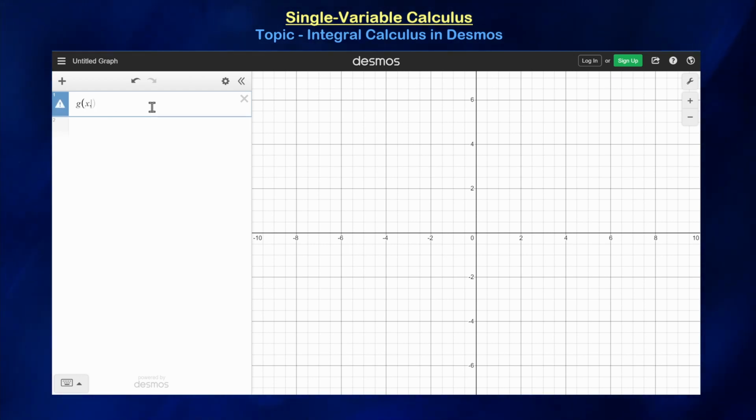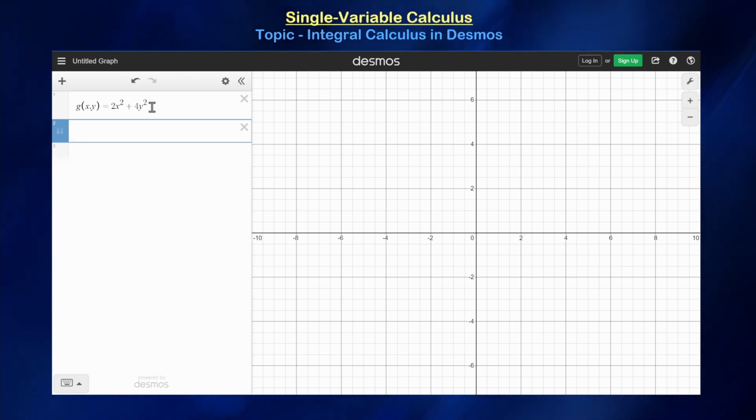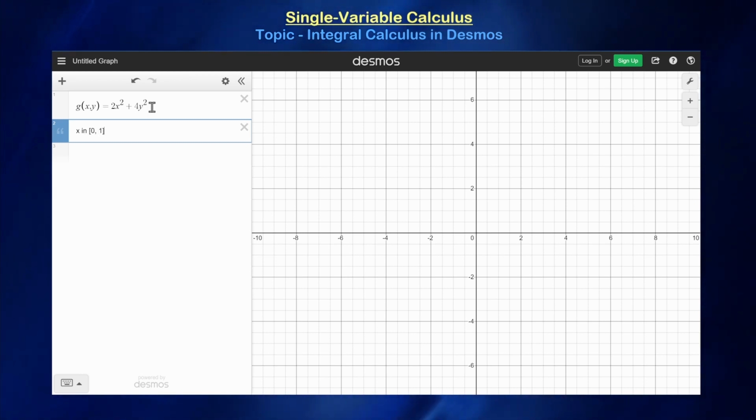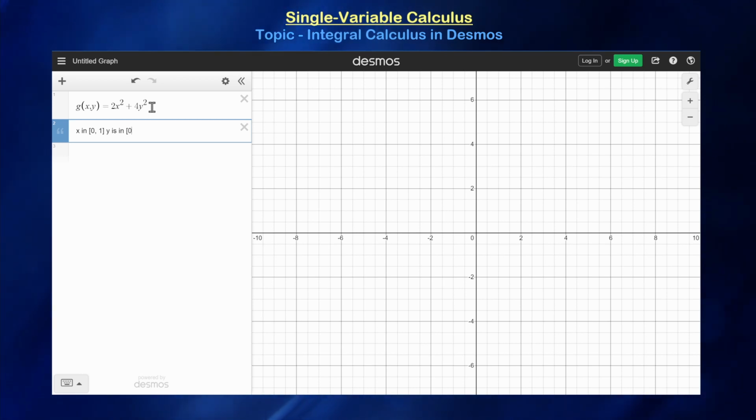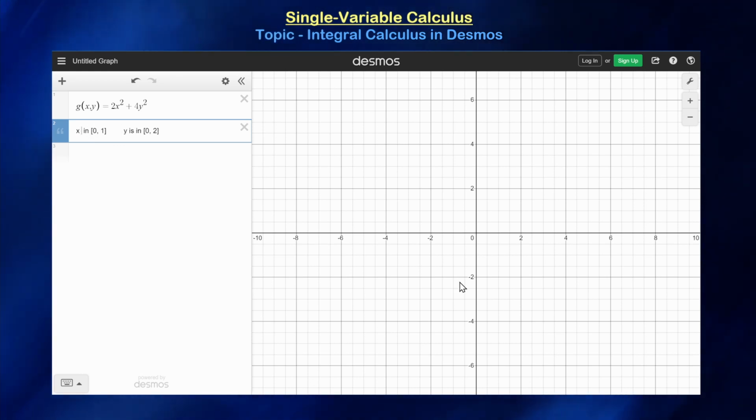So we defined it as g(x,y) is equal to 2x squared plus 4y squared. And let's just take note of the domain that we want to work with. Let's assume that the domain is x in 0 to 1, and let's assume y is in 0 to 2.